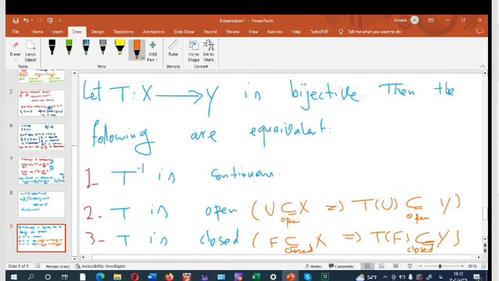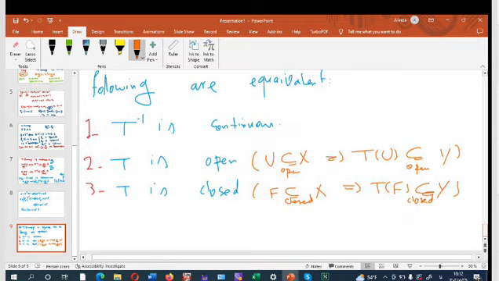Now for the proof, we know that R_a is a homeomorphism.